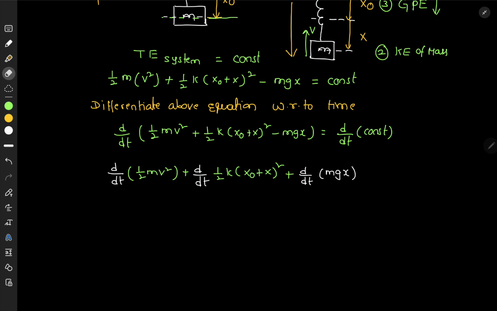Here we are going to have a minus sign, right? It is a decrease. That's why we have minus, equals d by dt of constant value.